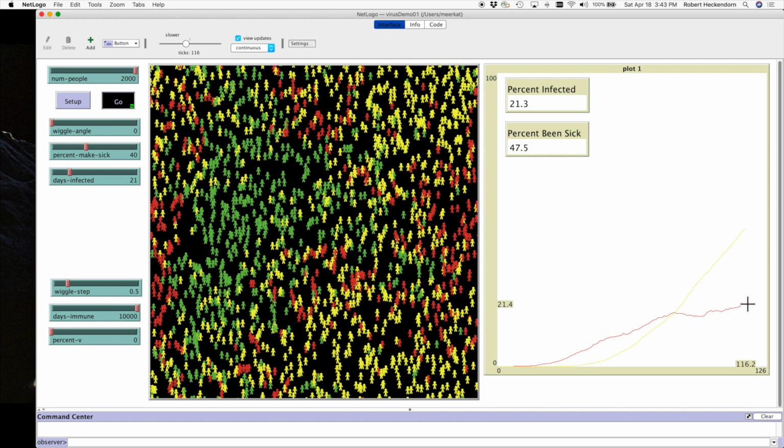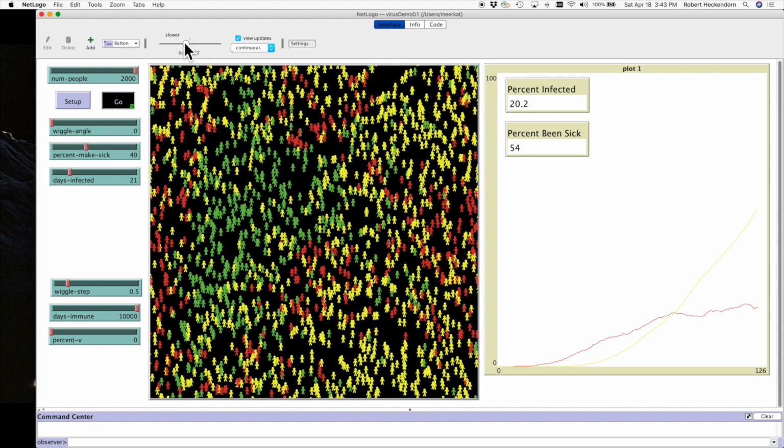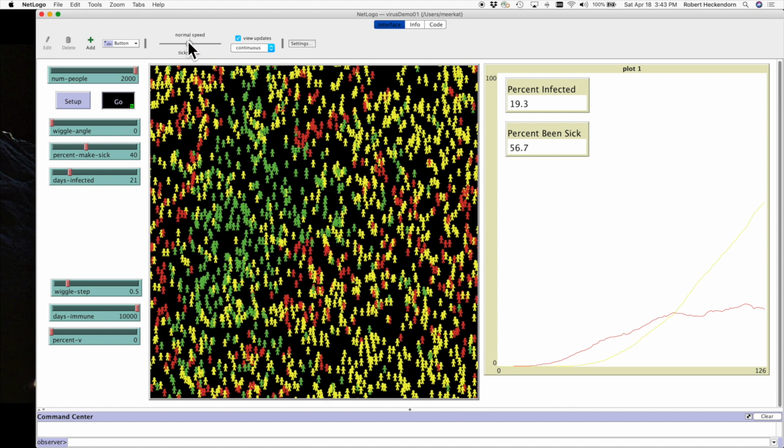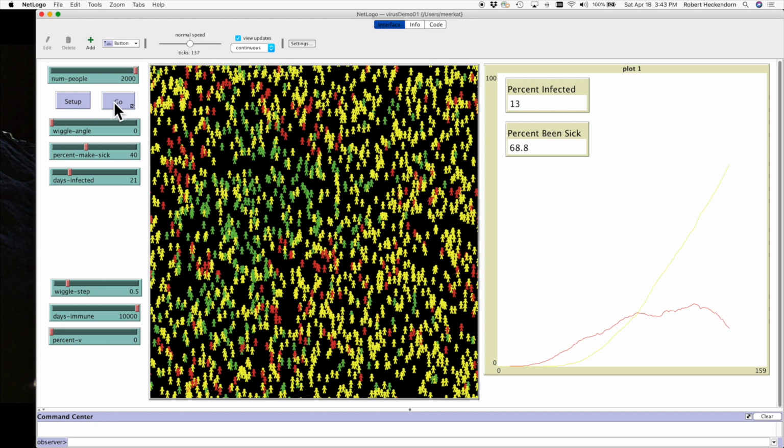And right now, it's over 21%, and let me speed up the simulation just a little bit. And so far, 70% of the population is sick. Right now, we're at 13%, but we got as high as 21.5%.